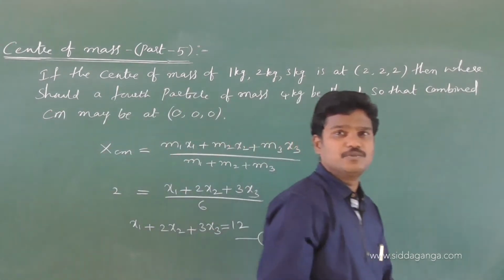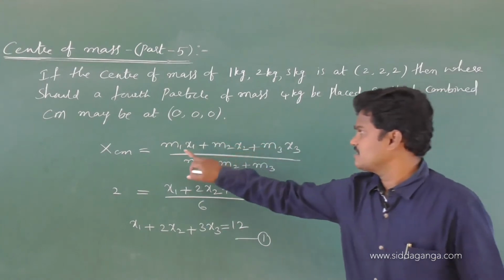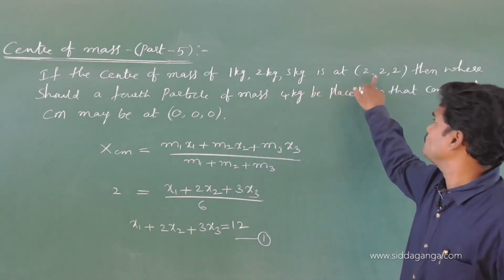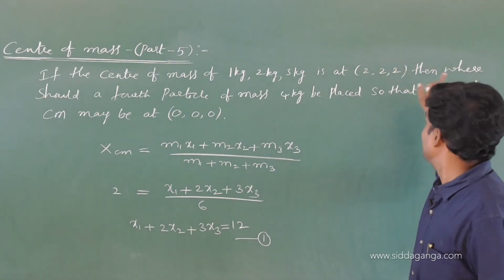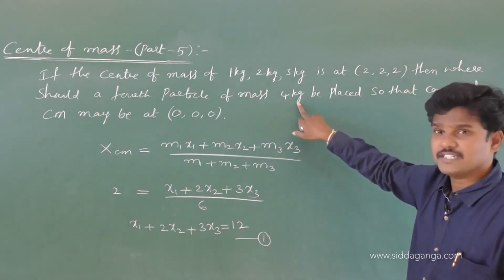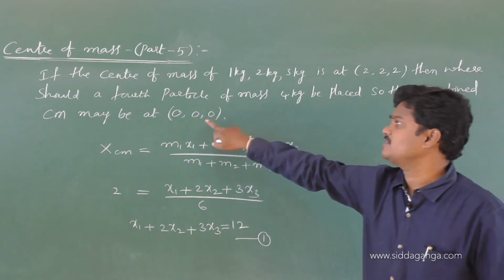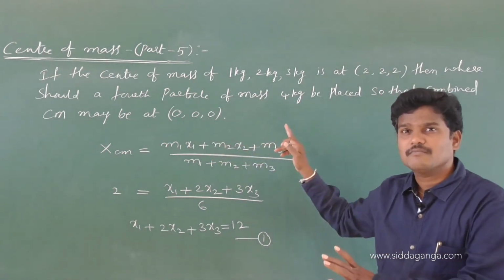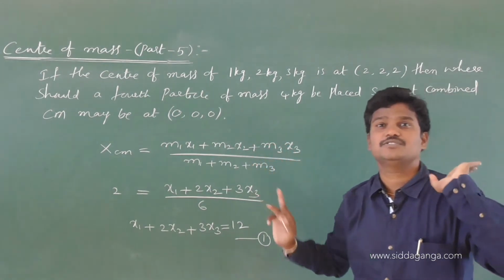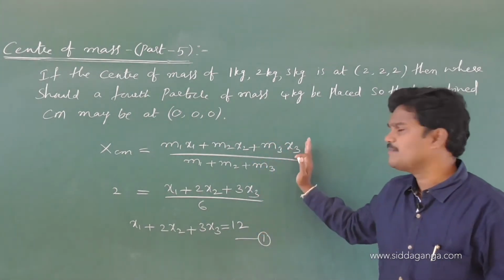When x1, x2, x3 are for 3 particles, the center of mass is at 2, 2, 2. So I use this up to here only. Then where should the 4 kg be placed so that the center of mass will shift to the origin? If I use m4 x4, then Xcm must be 0. This was for 3 particles.